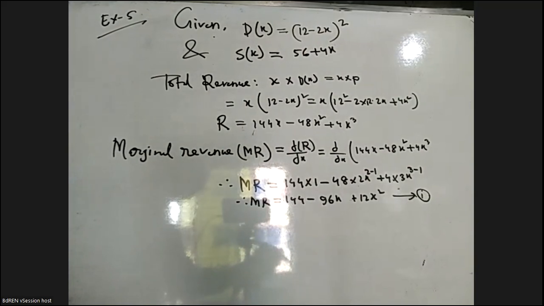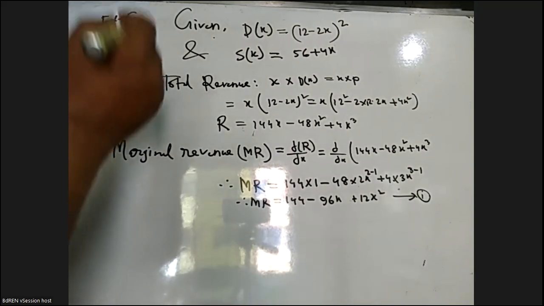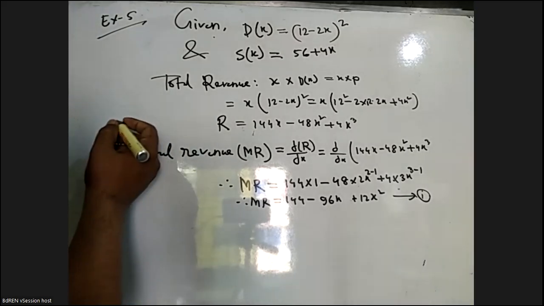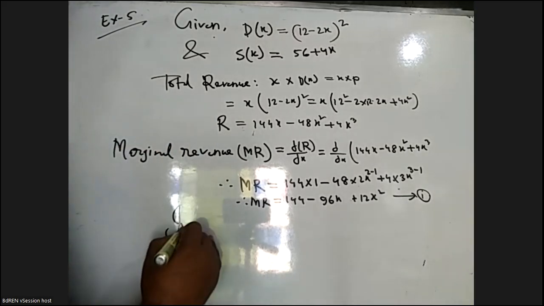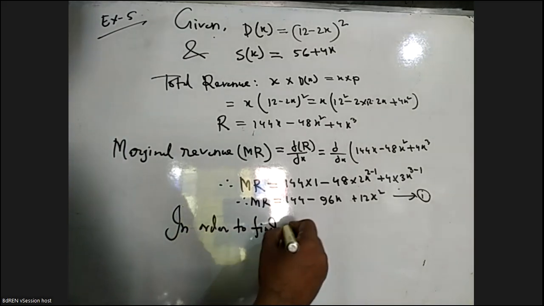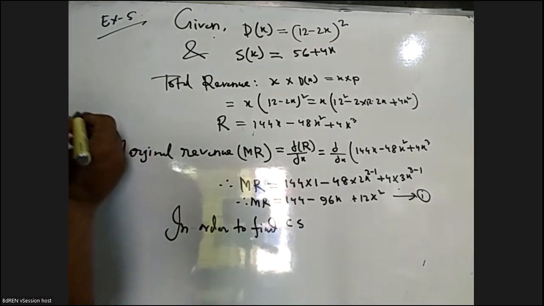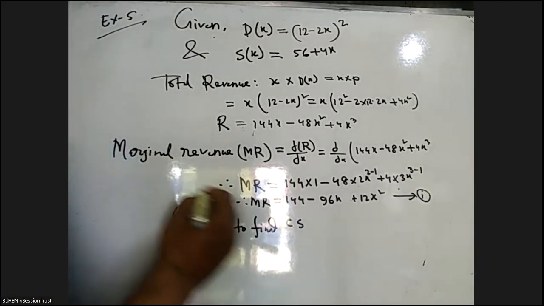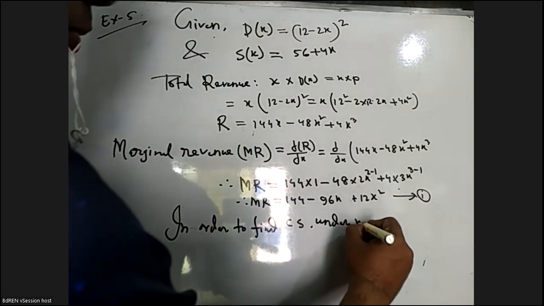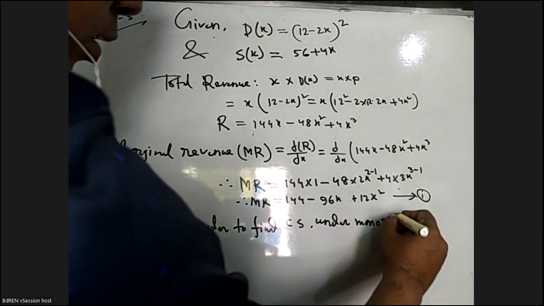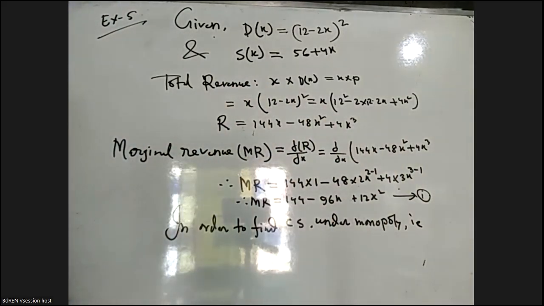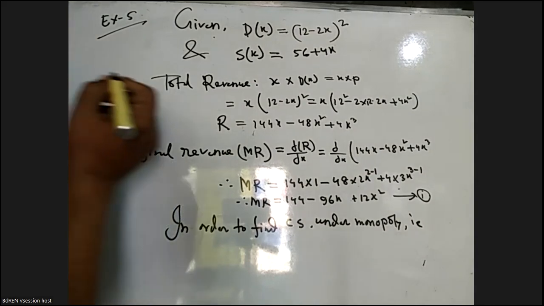You must know marginal cost is identified by the supply function. So in order to find consumer surplus under monopoly, the given condition is to maximize profit.